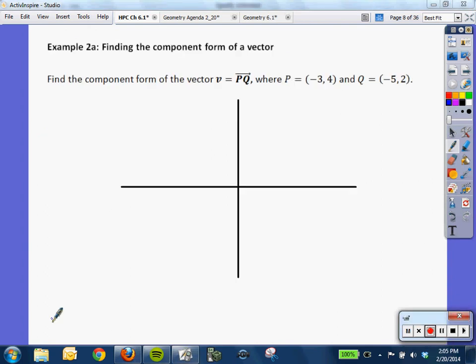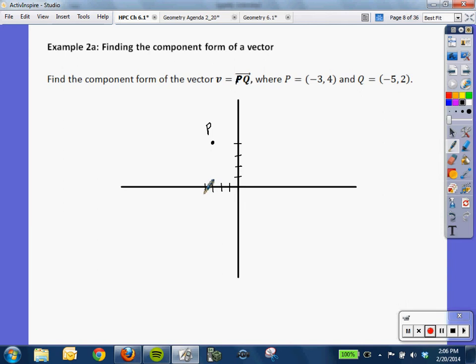All right, so we want to find the component form of vector PQ, where P is -3, +4, and Q is -5, +2. So let's go ahead and plot those points and draw our vector. We have -3 and +4, this point here, and that represents our initial point, because here we start off with P. And then Q is -5, +2.